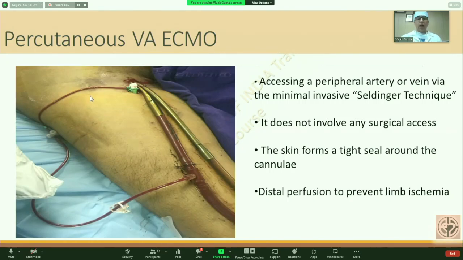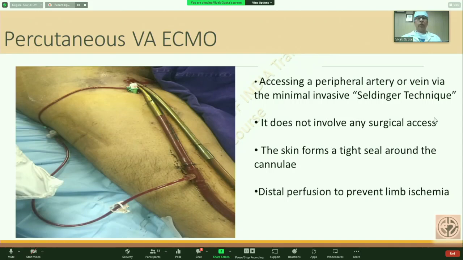And distal perfusion, you can see we have achieved percutaneously also, to ensure that there is no distal limb ischemia. So this is a very fast, easy technique, with a lot of benefits. But remember, insertion is very easy, but when we remove it, it has to be done surgically.